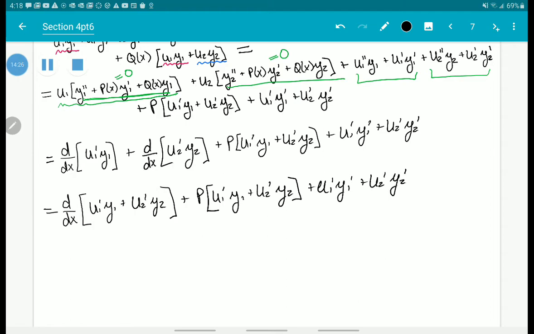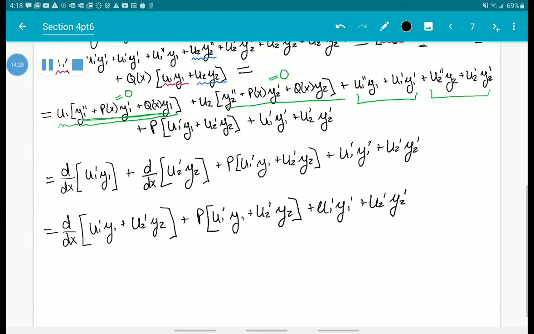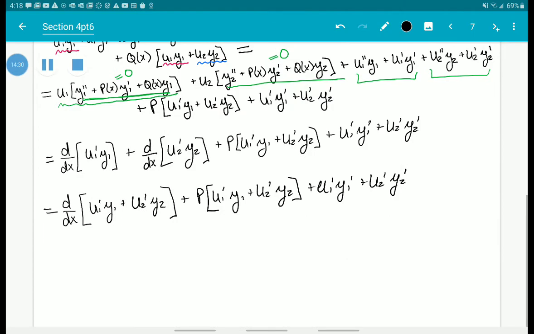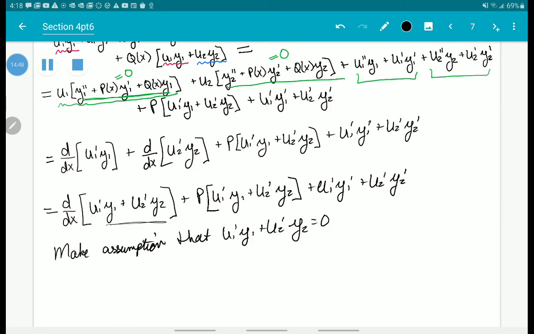So we are going to make an assumption now that this guy is actually equal to 0. Well, if that's equal to 0, then that means that's going to have to be equal to 0 too. Okay, which means that we're left with just this piece.